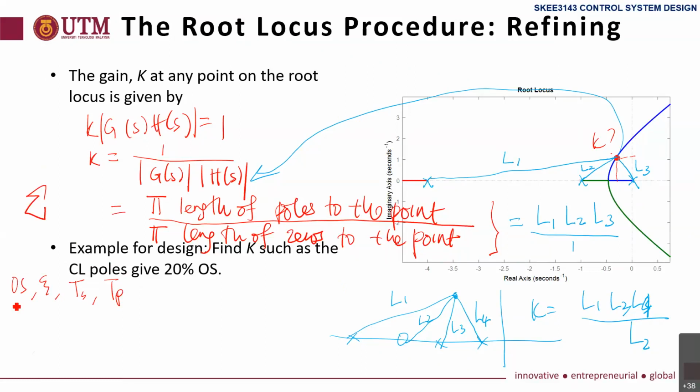Let's say I have an under-damped system. If I plot on the S-plane, we have two poles. Under-damped response means zeta between 0 and 1, and we have complex poles.